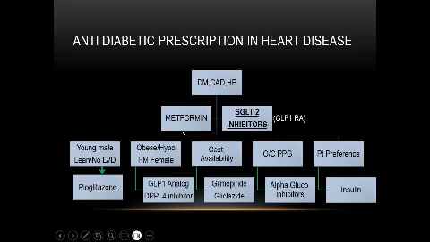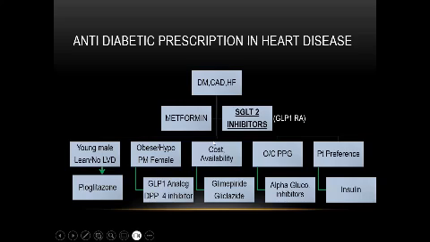And what should be the third drug is the practical application or practical implication. So the third drug is likely to be glitazone when the patient is a young, lean male and has got no LV dysfunction. When the patient is obese and has recurrent episodes of hypoglycemia, or is a post-menopausal female, it is likely to be a GLP-1 analog or DPP-4 inhibitor, but the preference is GLP-1 analog.